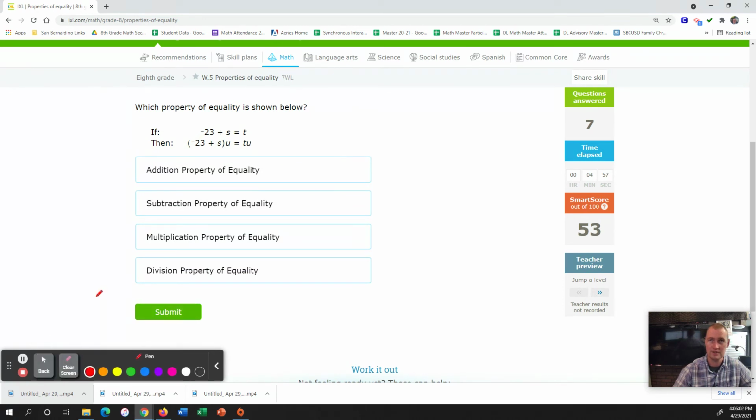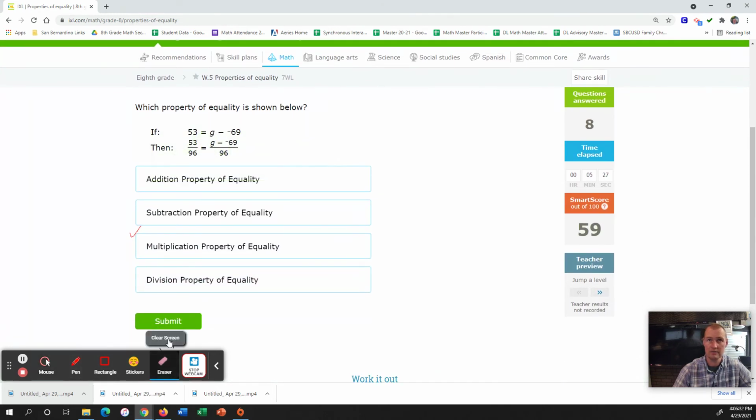All right, next up, if we got negative 23 plus S equals T, well, what's the change? The change is we're multiplying AU. So AU here means distributive property. Distributive property means multiply, and a variable next to another variable is automatically multiplied. So for sure, this one's going to be a multiplication property of equality.